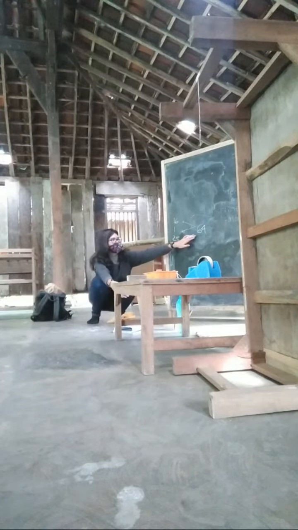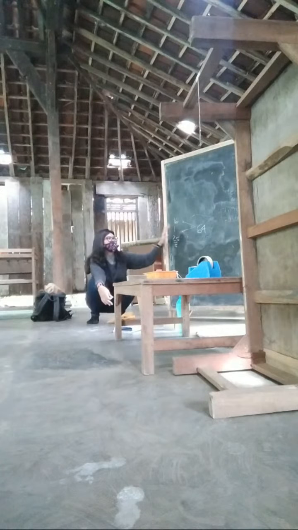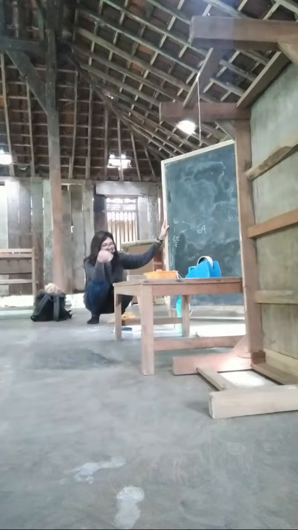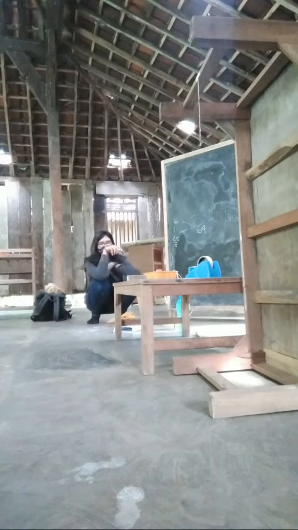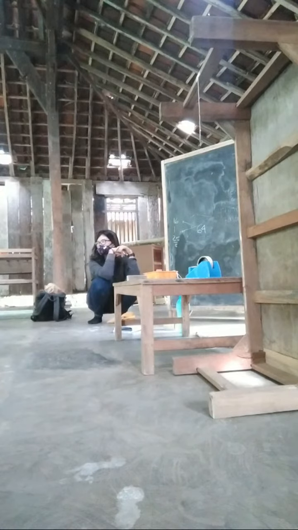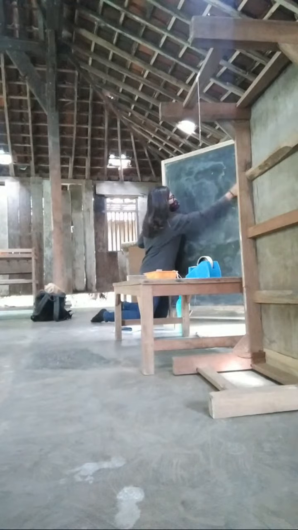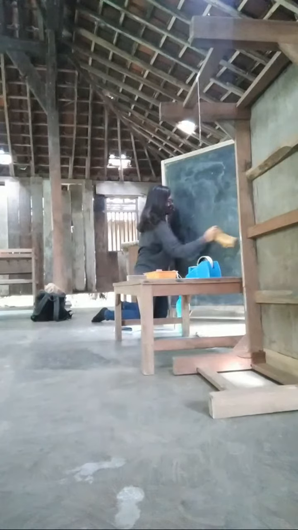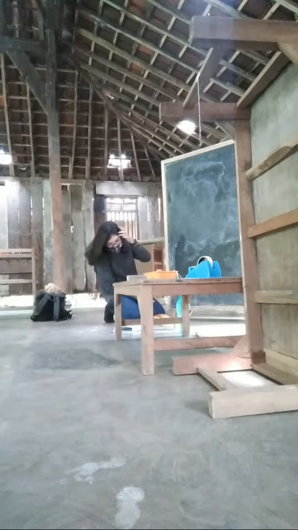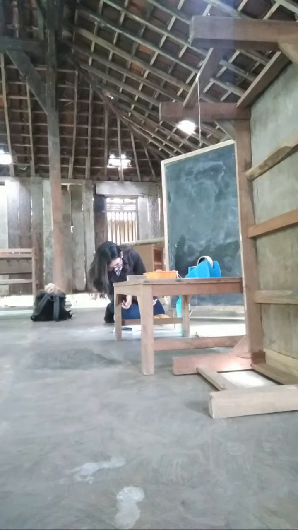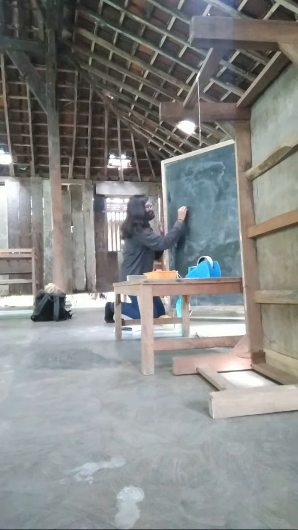You compare 64 with 1 or 64 with 16 for this equation. For the 64 equation, which one do you want to compare? You can discuss, 1 or 16. 16? Yeah. Okay, let's do 16. 64 from 16.